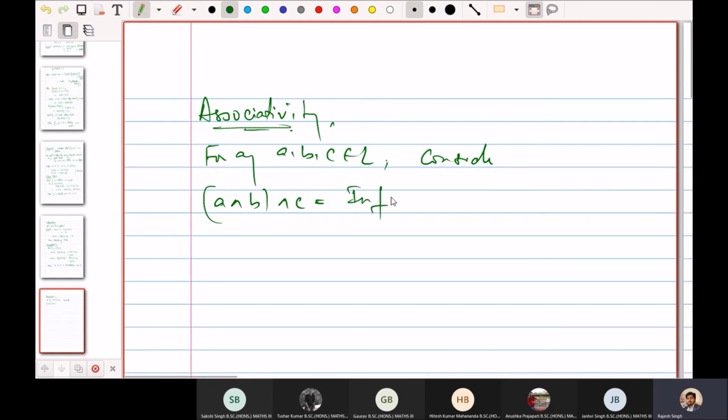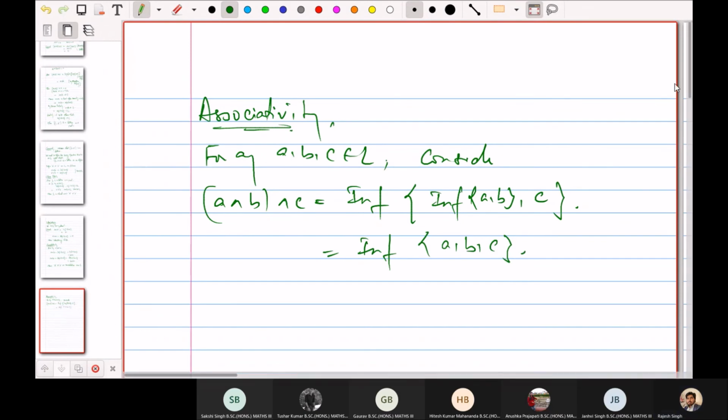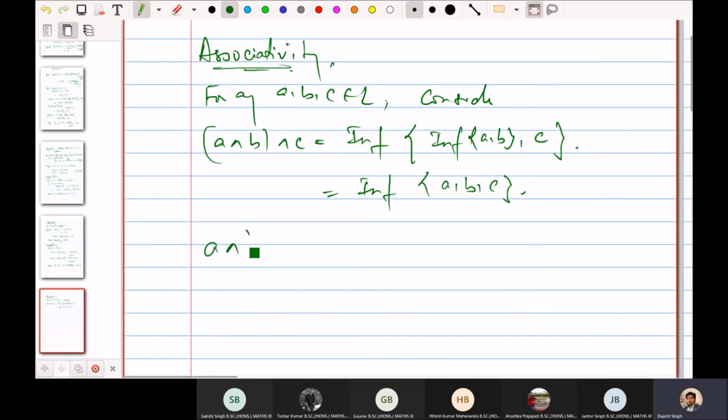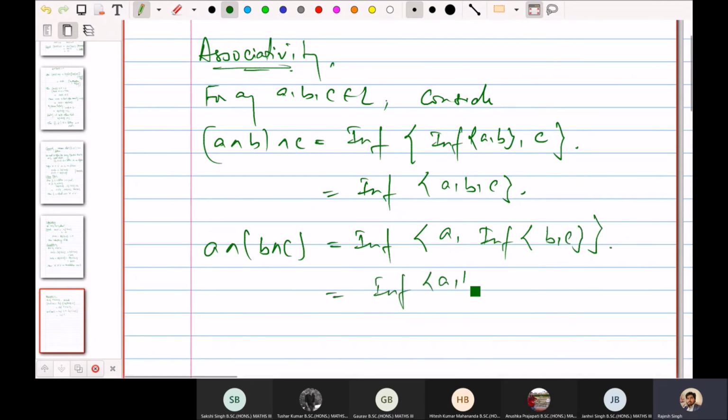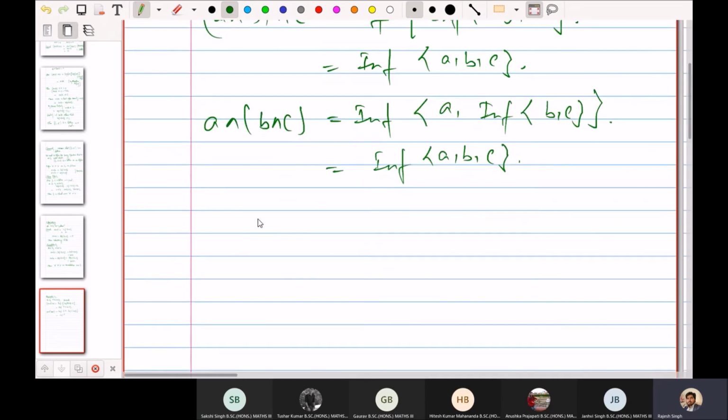This will be infimum of AB comma C. So this is nothing but इन दोनों में से जो भी छोटा होगा फिर इसको C के साथ कंपेयर करोगे, तो ओवरऑल इन तीनों में से कोई भी छोटा होगा वही आ जाएगा, राइट? And similarly A cap B cap C is equal to infimum of A infimum of BC, which is equal to infimum of ABC. So this implies A cap B cap C is equal to A cap B cap C.